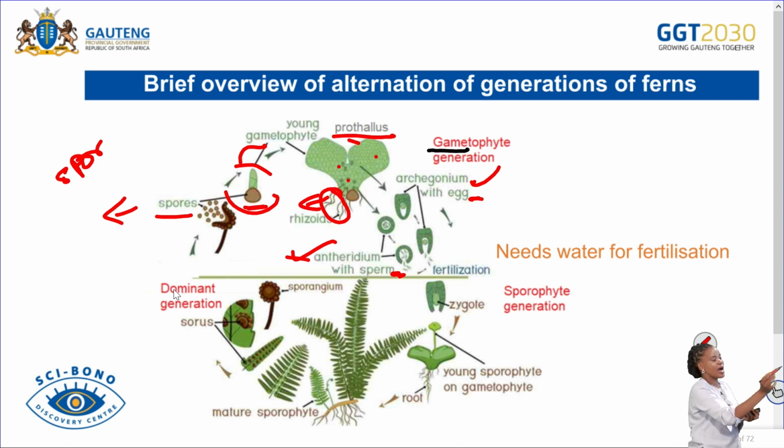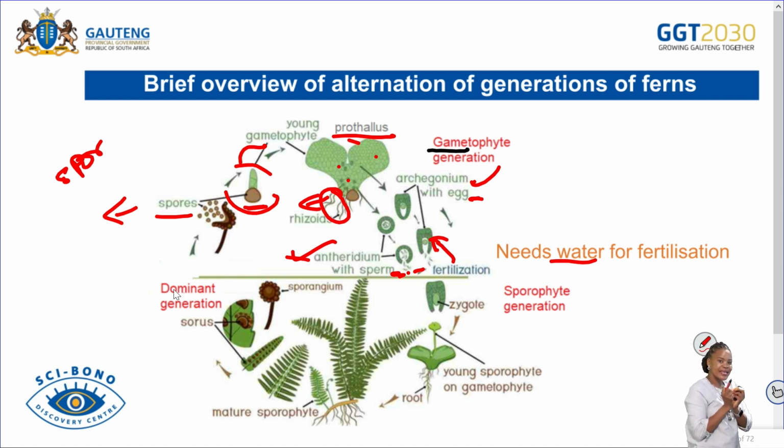So what is happening now? With the use of water. Water must be there. Why is water essential for fertilization? It is because it will enable the sperm cells to swim. Where are they swimming to? They are swimming from the antheridium towards the archegonium.